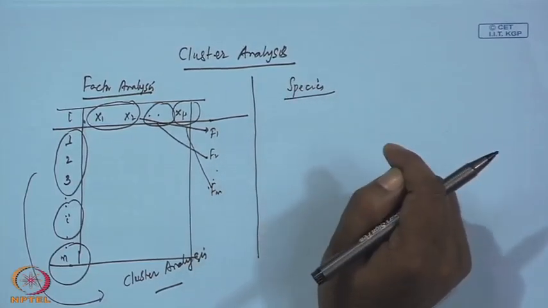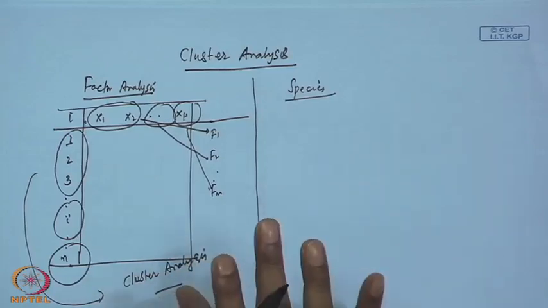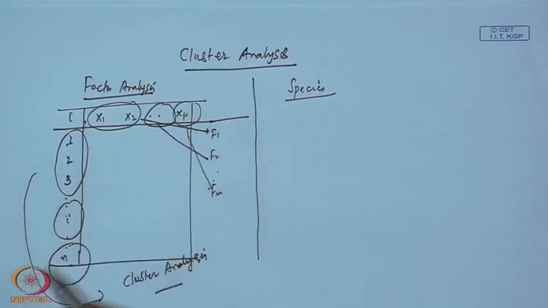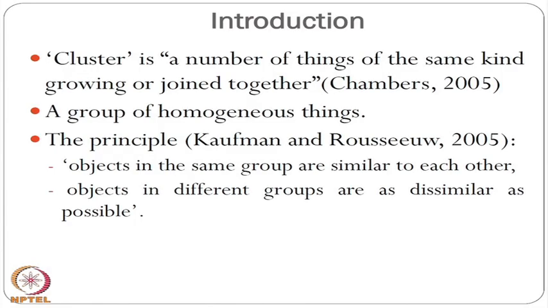They are grouped together based on certain features, and they are grouped basically because of their natural similarities. For example, from the food habit point of view, the animals can be herbivorous, carnivorous, omnivorous. So, 3 different kinds can be found out. So, essentially then a group of homogeneous things is known as a cluster.